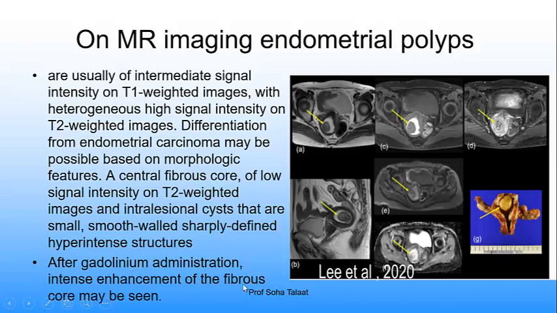It takes early enhancement. Usually early enhancement is used with malignancy, but regarding endometrial polyps, if it takes delayed enhancement, it is more with cancer, while early enhancement is more with endometrial polyps.